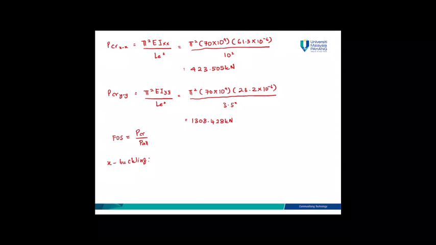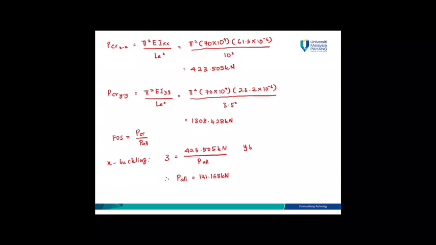Factor of safety is equal to 3. PCR for X is equal to 423.505 kilonewton divided by P allowable. Therefore, P allowable at X axis is equal to 141.168 kilonewton.